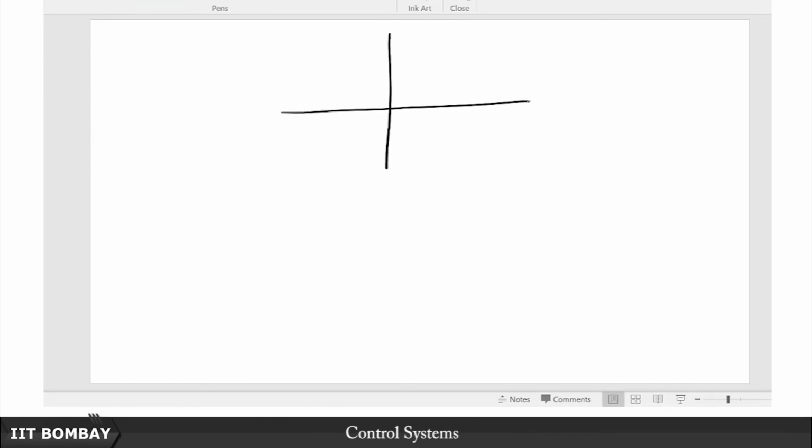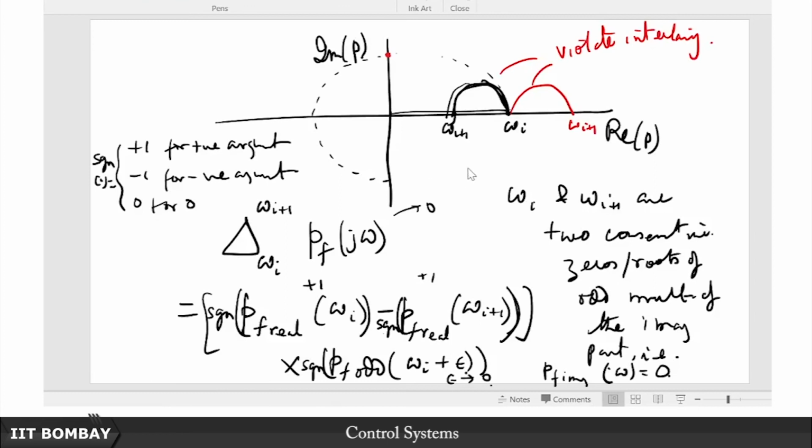On the other hand, if you had the interlacing satisfied, so let us say this is your P odd, or rather, actually these are not omega i, I am sorry, this is kind of a misnomer. So this is basically the P real at omega i plus 1, and this is P real at omega i, and this is similarly P real, because this is a P(j omega) plane, remember.